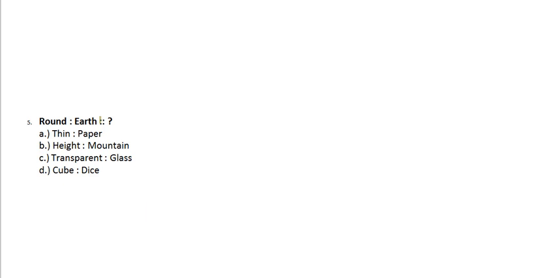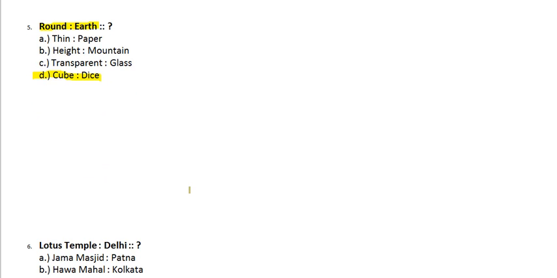Here it is related to the shape and the object, like earth is of round shape. Similarly, which one will be the correct option for the dice? Because dice is of cubical shape, so it will be the correct answer.